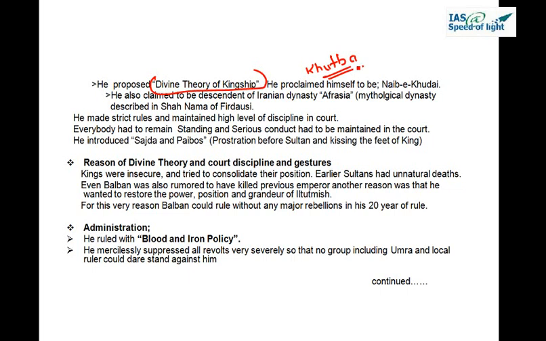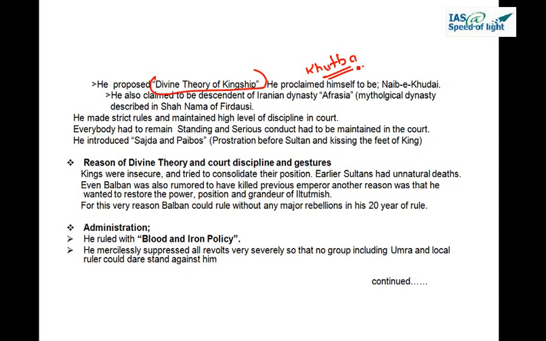Balban started a military department, Diwan-e-Arz, and deployed the army in different parts of the country to put down rebellion. Now, by all these harsh methods, Balban controlled the situation, and as we have seen, in order to impress the people with the strength and awe of his government, Balban started maintaining a magnificent court, and we have seen how he wanted serious conduct in the court.